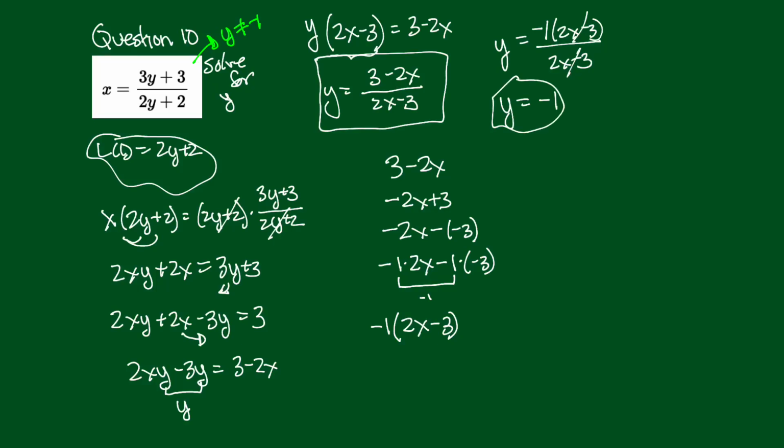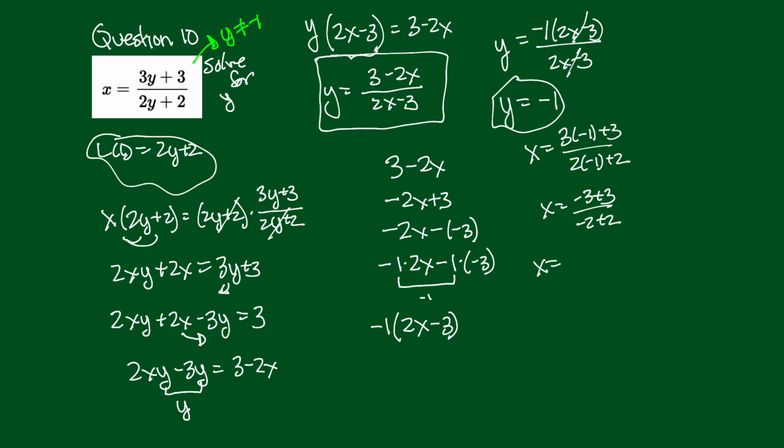All right, but here's a problem. If y is negative 1, what am I going to get? Put it back into the original. Put negative 1 here and negative 1 here. And what you get is that x is equal to 3 times negative 1 plus 3 over 2 times negative 1 plus 2. So x is equal to negative 3 plus 3 over negative 2 plus 2.